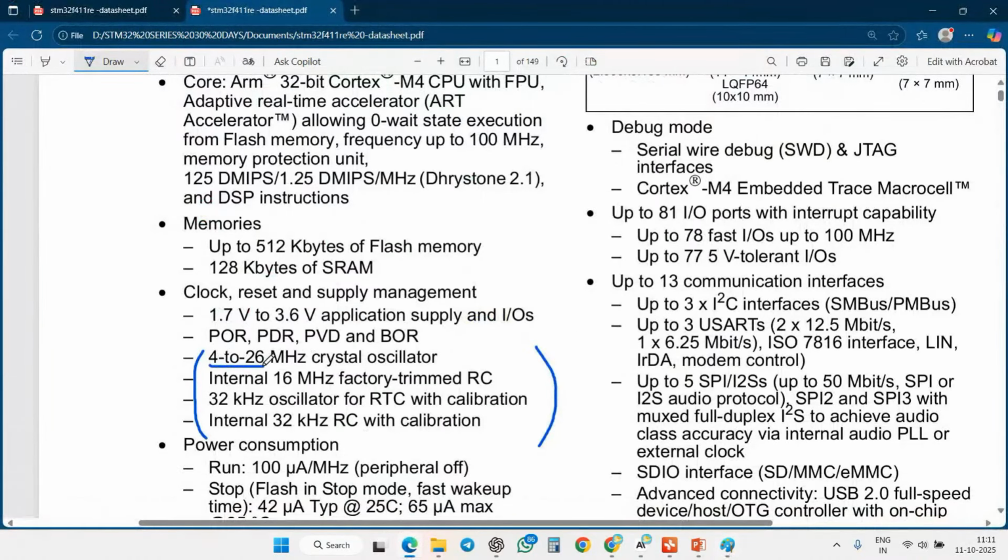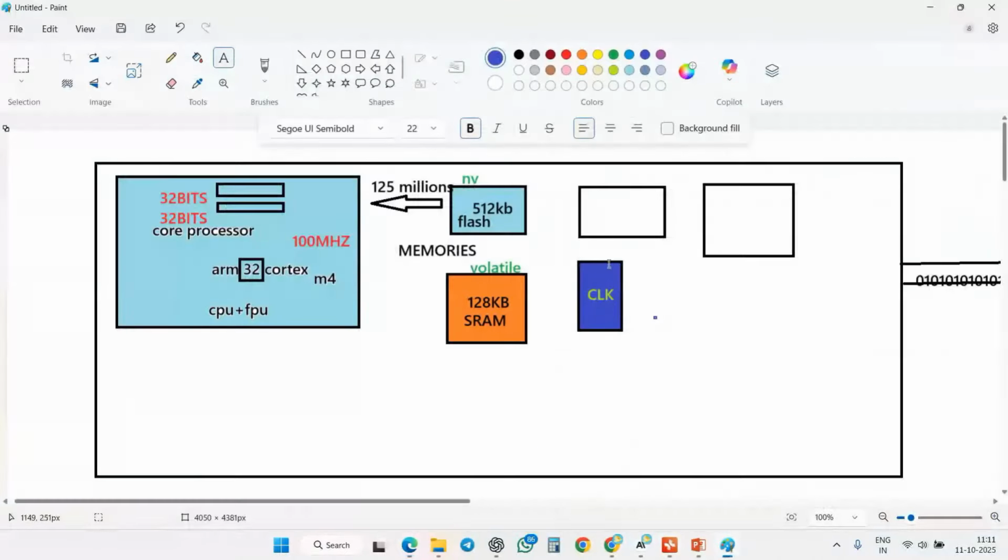This crystal can produce a range of 4 to 26 megahertz. It can produce that range. So this is the range my microcontroller can produce.